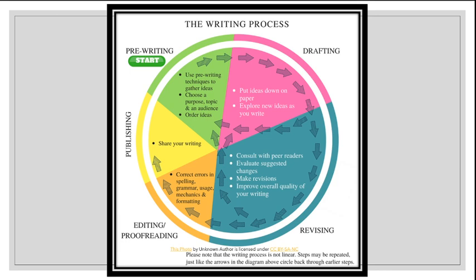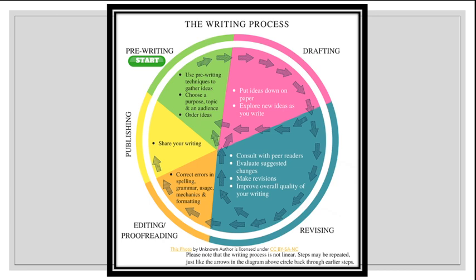The fourth step is editing or proofreading. This is about correcting errors in spelling, grammar, usage, mechanics, and formatting. It's different from revising because revising is about content, and editing and proofreading is about grammar. The final step is publishing, which is just sharing your writing.